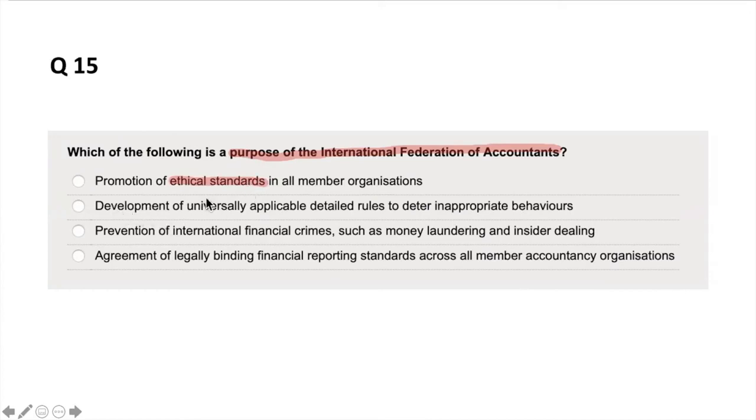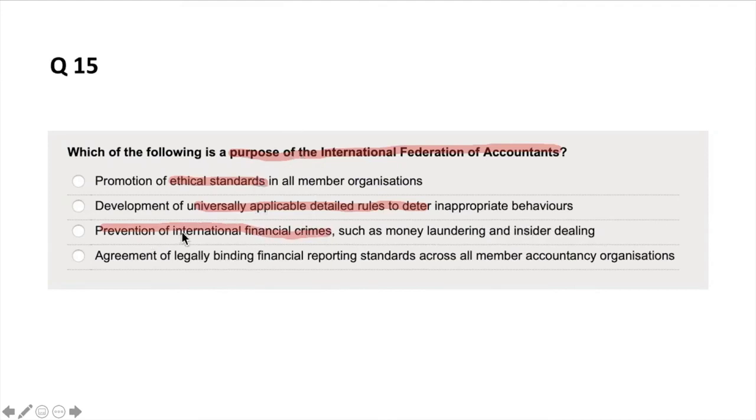Number two, development of universally applicable detailed rules to deter inappropriate behaviors. They don't make any rules that would be universally applicable, and that, of course, is not one of their purposes, so this is not correct. Prevention of international financial crimes. They're not there to prevent financial crimes, such as money laundering and insider dealing. They're there to promote an ethical mindset.